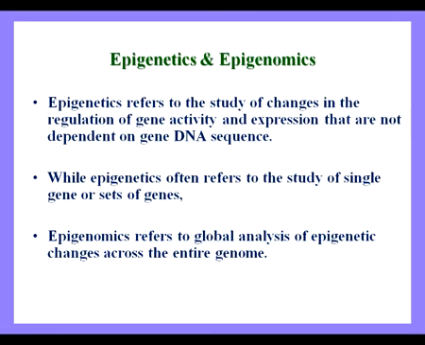Each nucleotide remains at its own place. There is no change in the DNA sequence. While epigenetics often refers to the study of a single gene or a set of genes, epigenomics deals with the global analysis of the epigenetic changes across the entire genome.